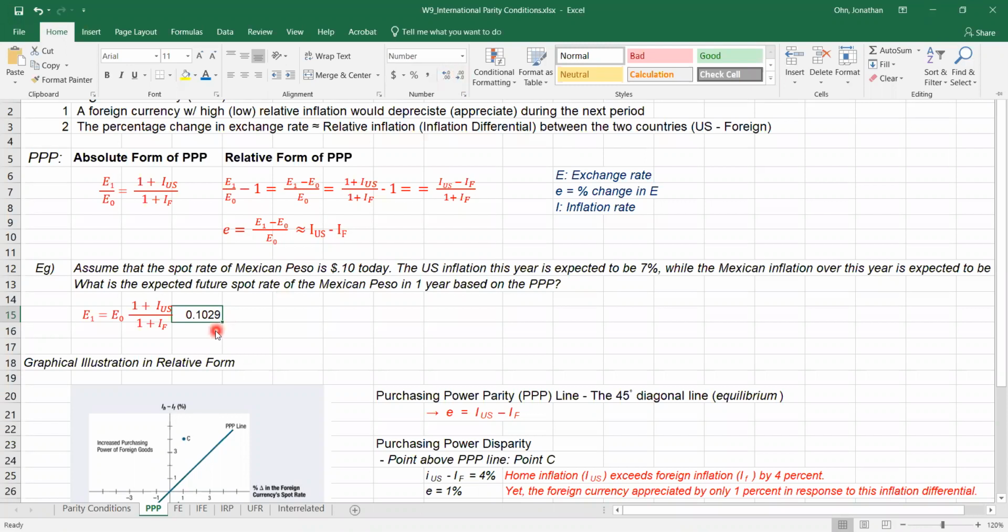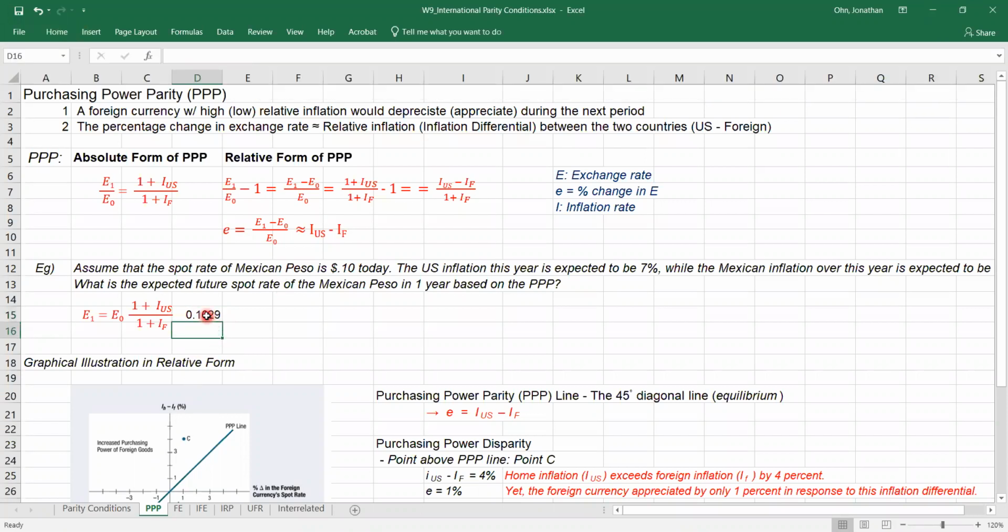So we have 0.1029. That is E1. If you compare that, the US inflation is 7%, Mexican inflation is 4%. So Mexican is low. That means the whole thing is higher than 1.